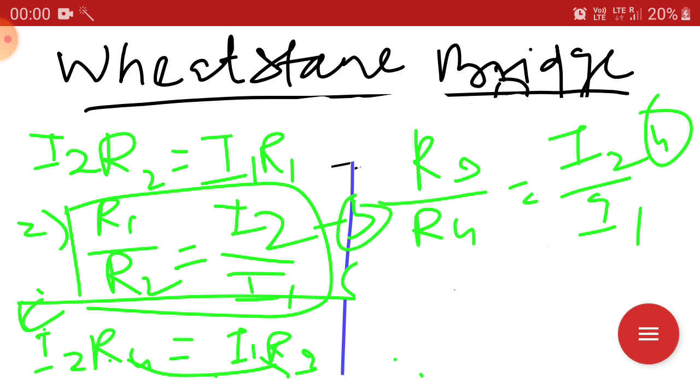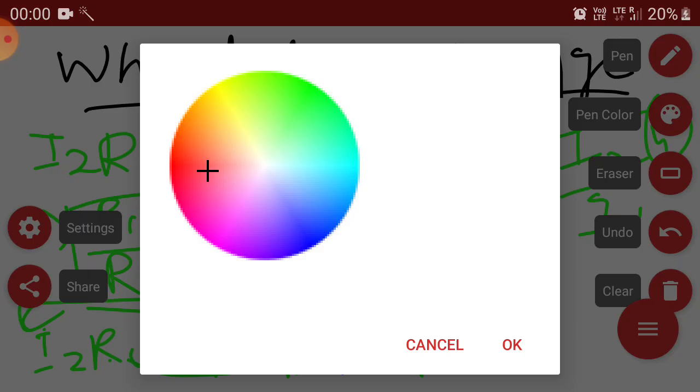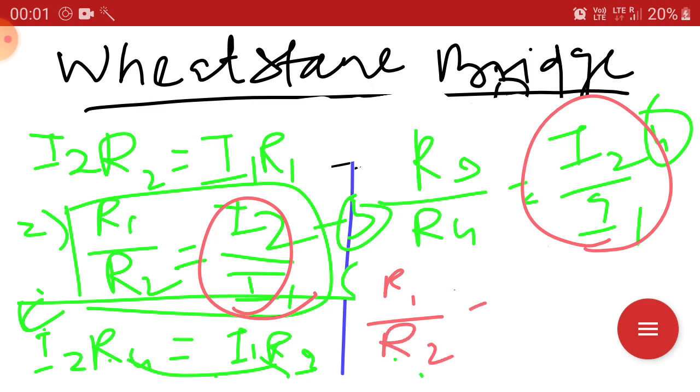So from 3 and 4 you can see the right hand side is equal, so the left hand side must be equal. We can write that R1 by R2 is equal to R3 by R4. This is the relationship between the resistors in the Wheatstone bridge.